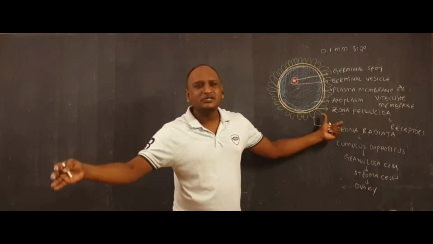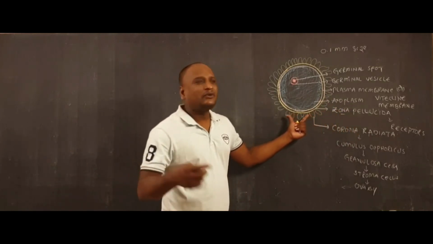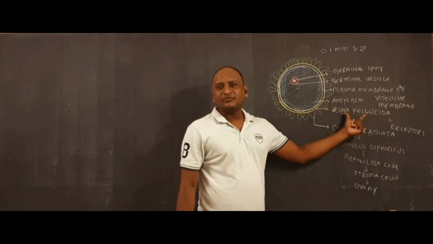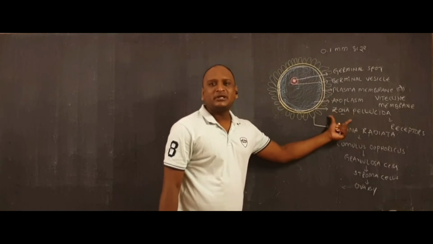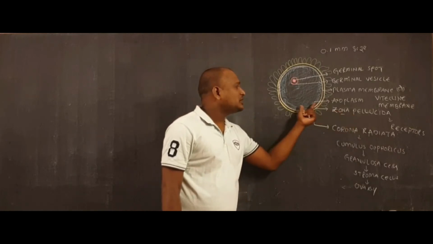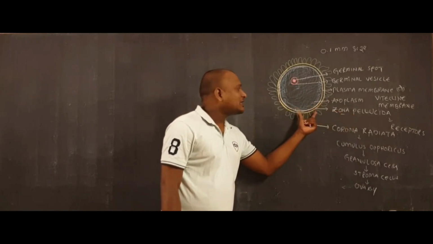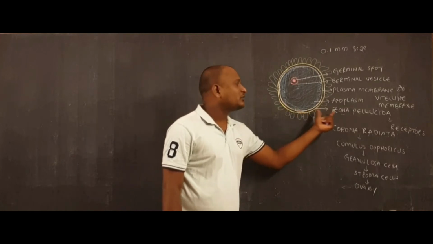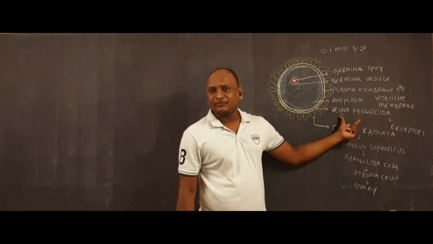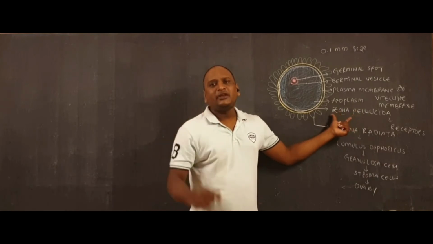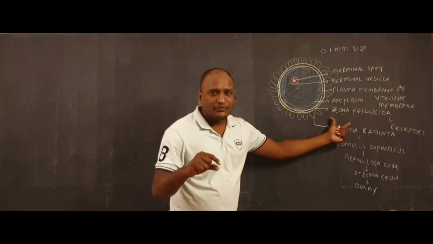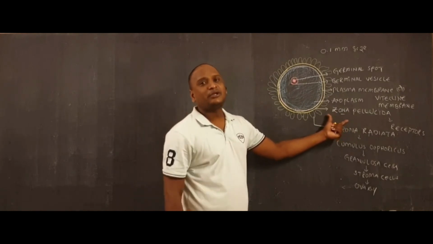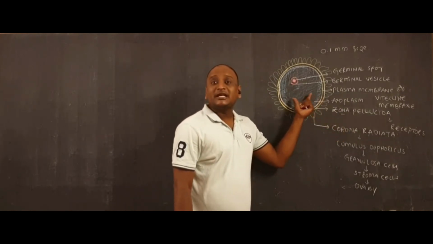In some organisms, only the corona radiata helps to form it. But in most cases, both the egg cell and the corona radiata help to form the zona pellucida. That is the main feature you have to observe, because the egg cell is also involved in the formation of the zona pellucida.